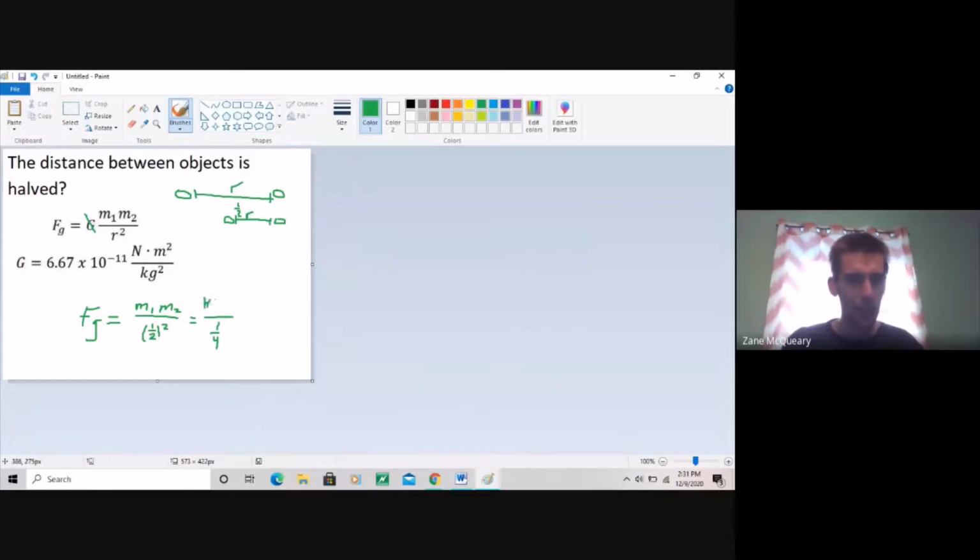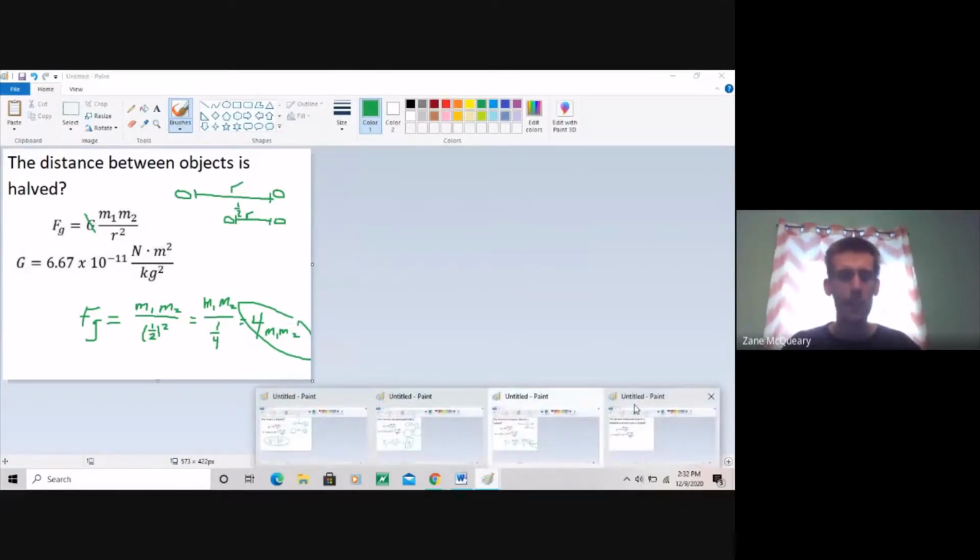And for my math people here, you'll notice that when we have a fraction in the denominator here, dividing by a 4th is the same thing as multiplying times 4. All right, a little math extra right there for you. So the object has been quadrupled in the amount of force that it's experiencing. All right, easy to miss that one.